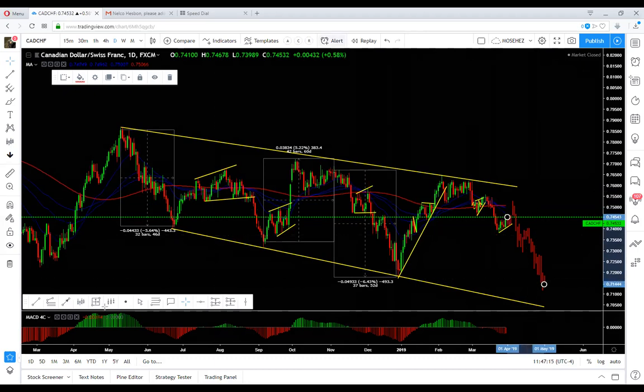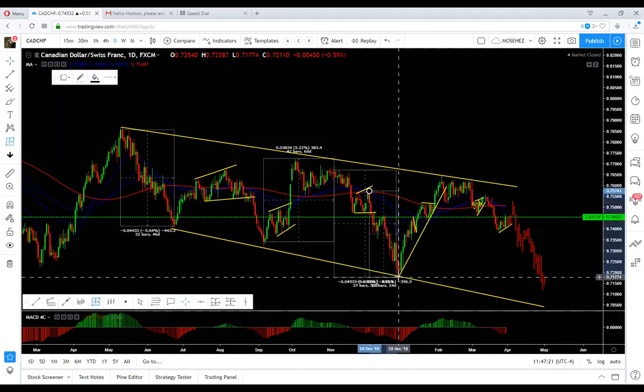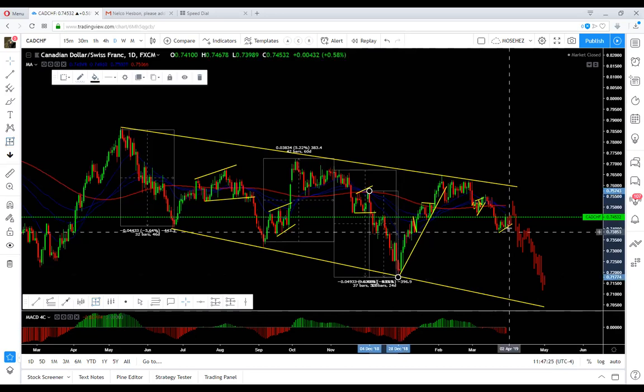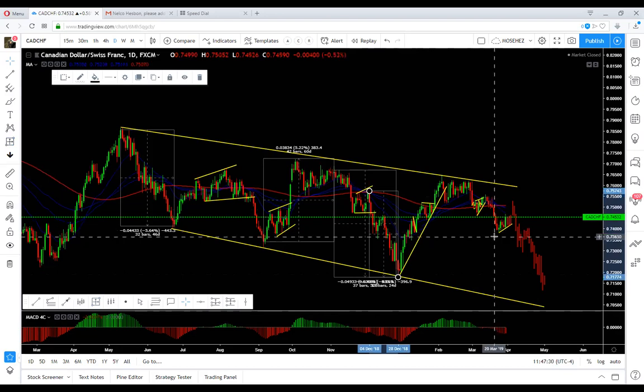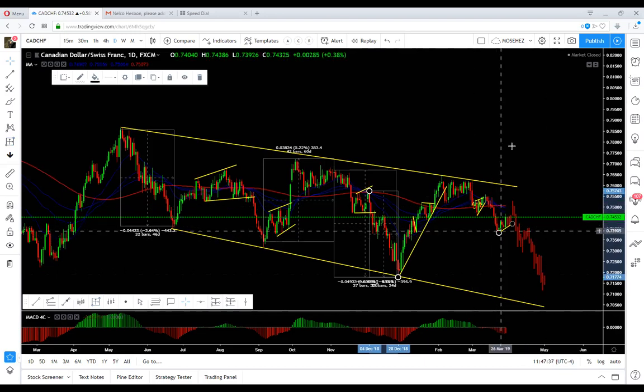The move that we're expecting will take around... Now we've already done half. I think this is half, or if it's not half, it's just near. What do you think, is this half?